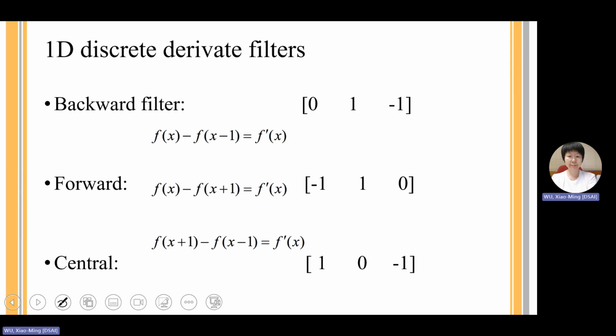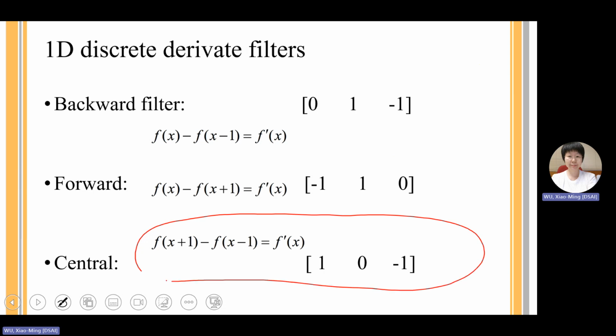What is this filter? Well, that filter turns out to be central filters. Okay, central filters.